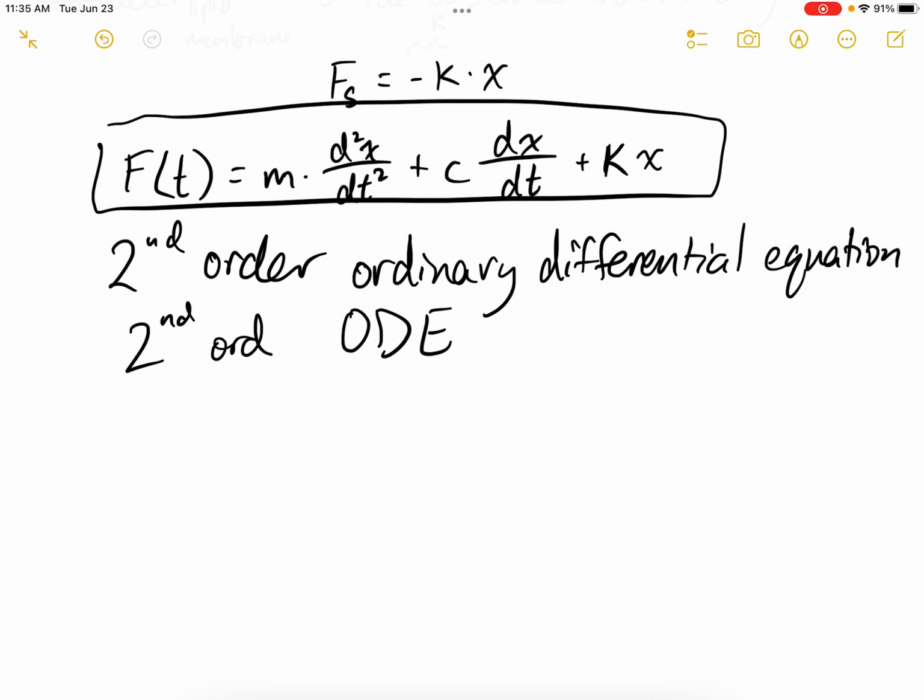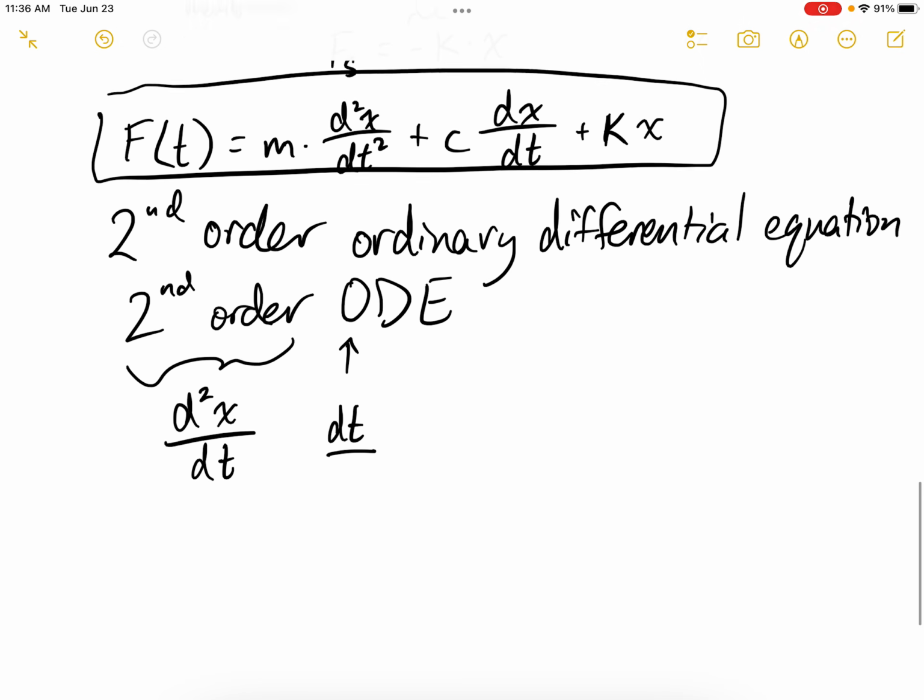So what makes it second order, right? This is because we have a second differential, right? We take the differential of x and then we do it again, right? So this is what makes it second order. Ordinary, it is ordinary because we are just taking the differential with respect to time and no other variables, right? As opposed to partial, where we take the differential according to different variables.